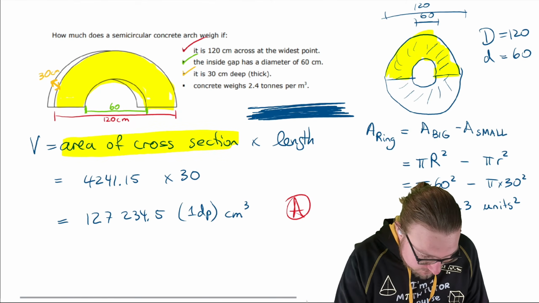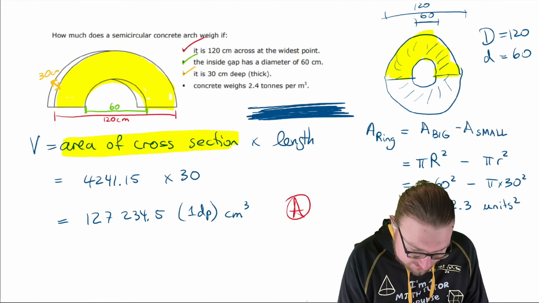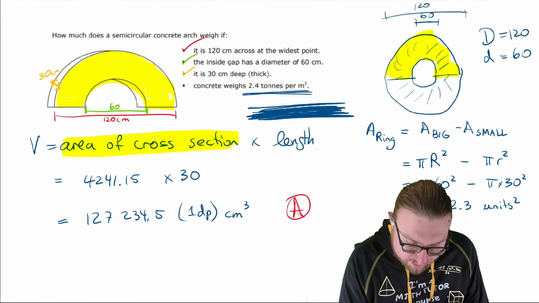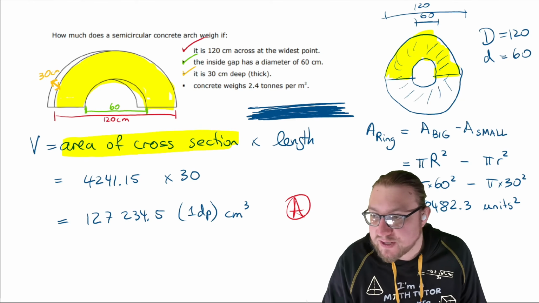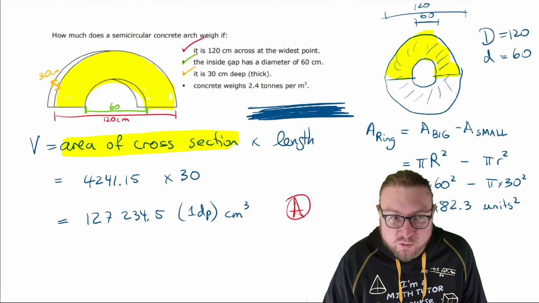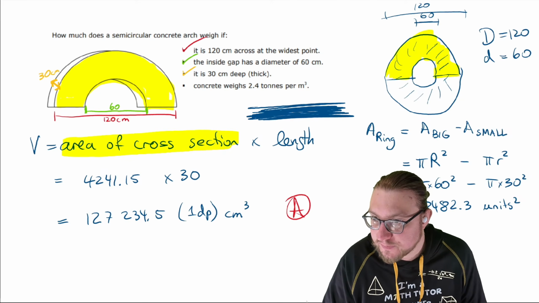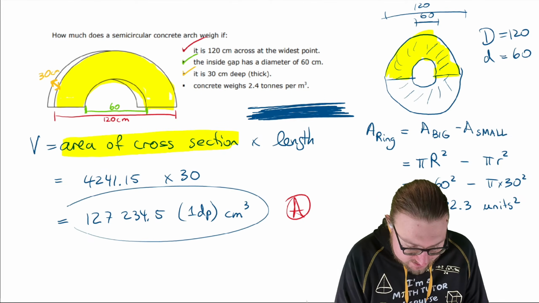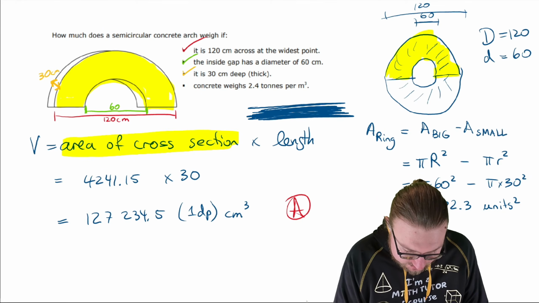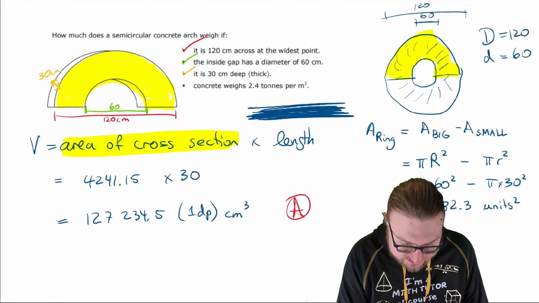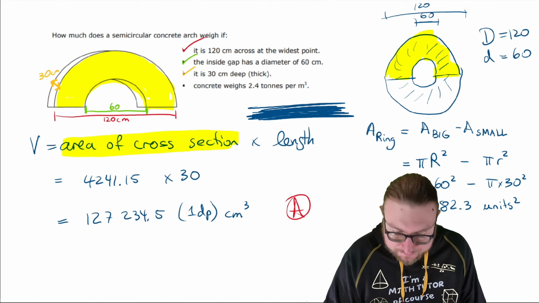Okay, now the next part here tells us that we have 2.4 tons per cubic meter. So it tells us the weight for a certain amount. We know what the amount is, but the issue here is that we have it in cubic centimeters and not in cubic meters.